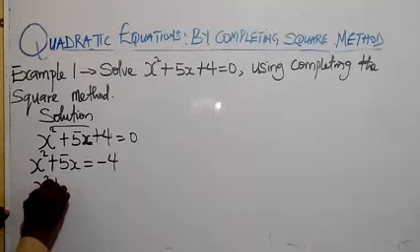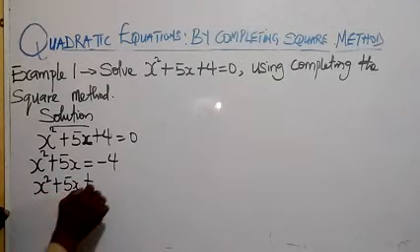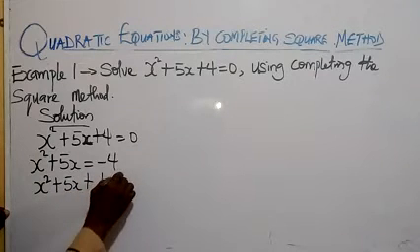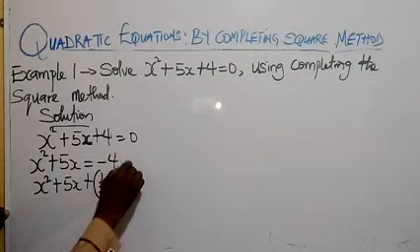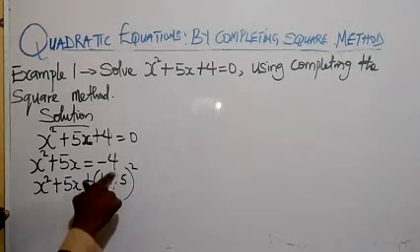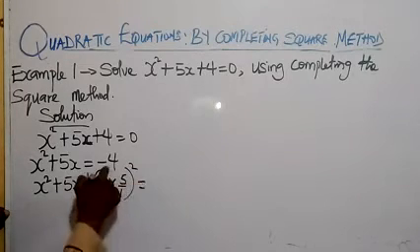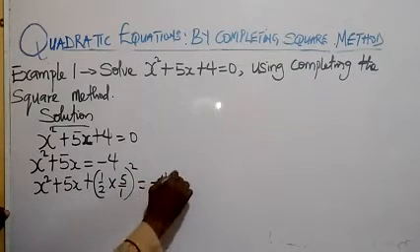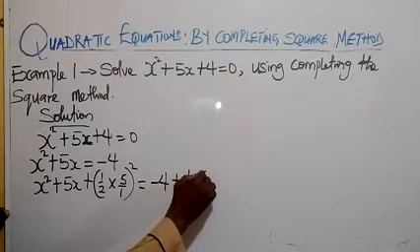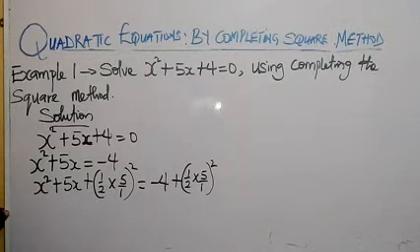X squared plus 5x plus the square of half of the coefficient of x, which is 1/2 of 5, all squared. Alright, don't forget, "of" in mathematics means multiplication. Equals minus 4 plus 1/2 multiplied by 5 divided by 1, all squared.